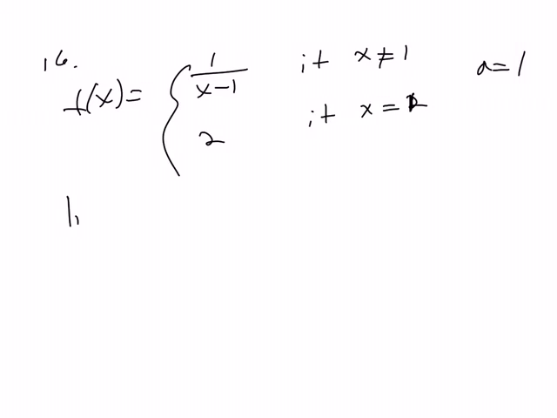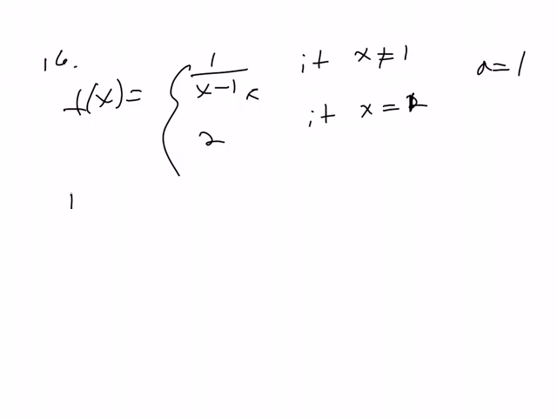So the limit as x goes to 1 of f of x is going to be plus and minus infinity, or, well, not really. Again, we're dividing by 0, but we're dividing by something very small which is positive. That's when we come from the right. And we're dividing by something really small that is negative. That's when we're coming from the left. So this limit doesn't really exist.